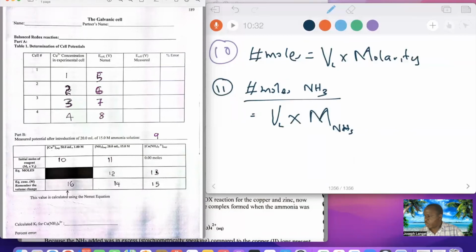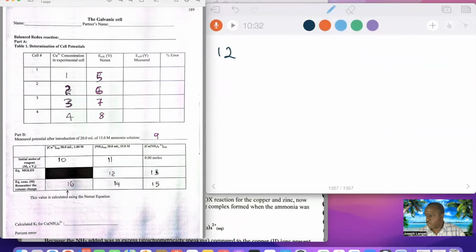Now for line 12, how are you going to find that? For line 12, use the stoichiometry.